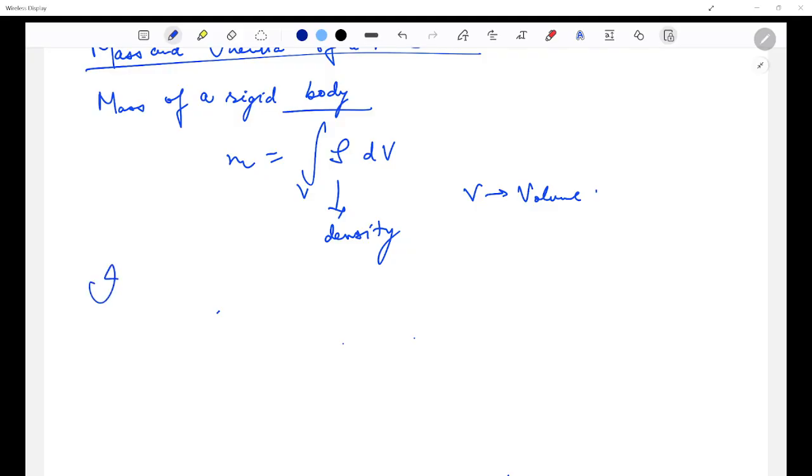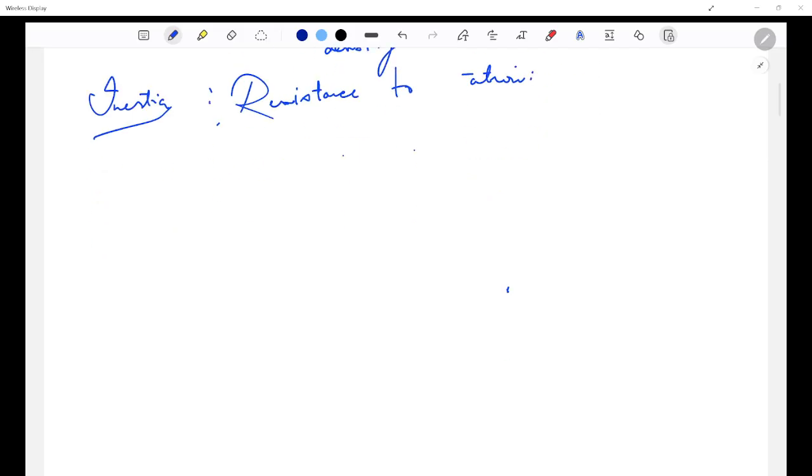Then let's talk about inertia. What does inertia represent? It represents resistance to rotation. Okay. So for 3D bodies, we define the inertia tensor. And what is the inertia tensor?